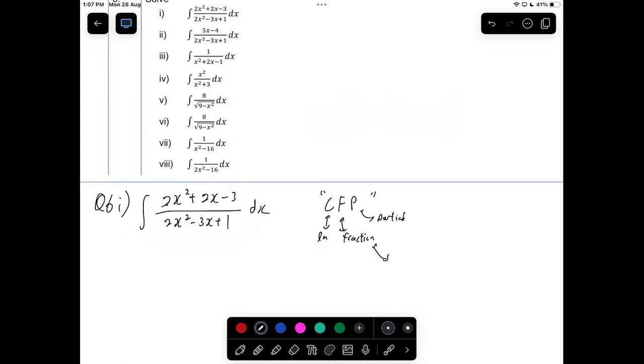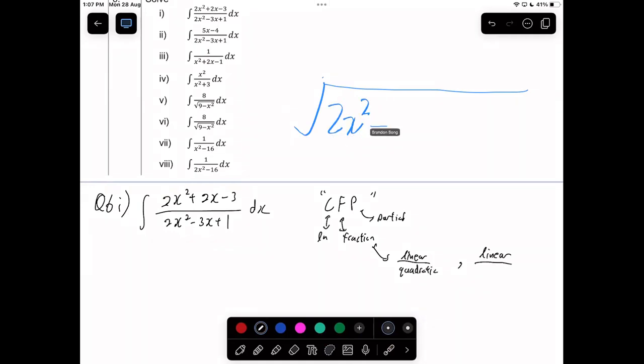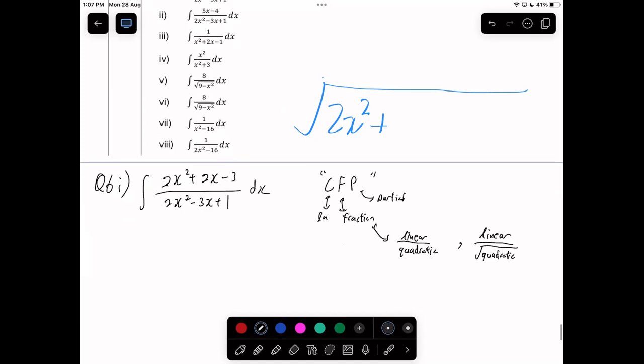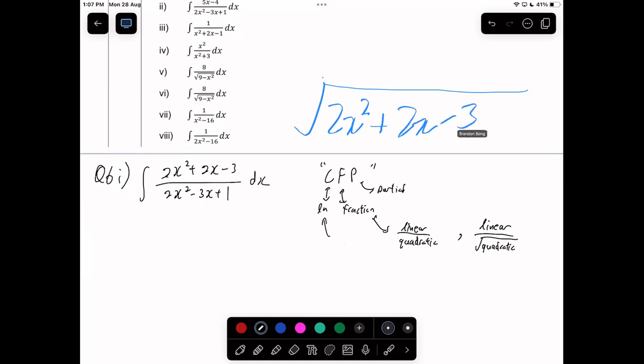You either have a linear on top divided by a quadratic below, or you have linear on top, ax plus b format, and square root of quadratic below. For ln, it's basically asking you to look out for f prime x on top, f x below. And when you have an improper fraction, you need to do long division.